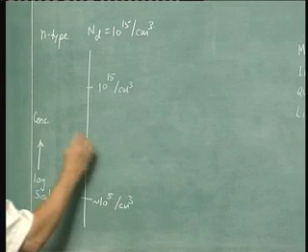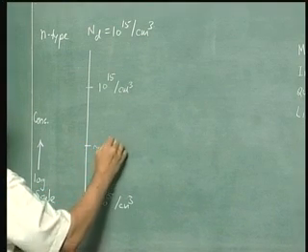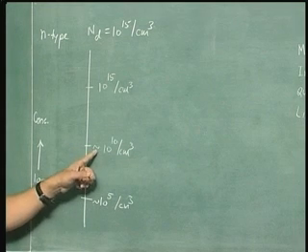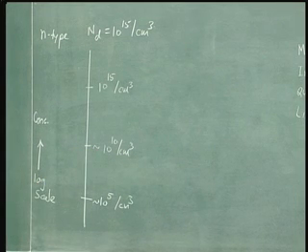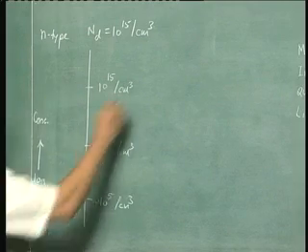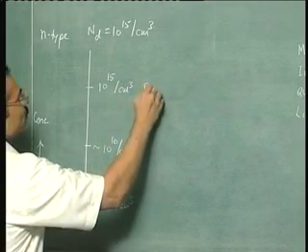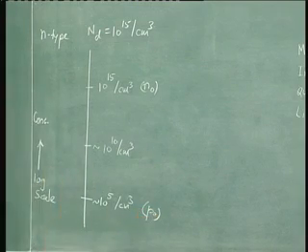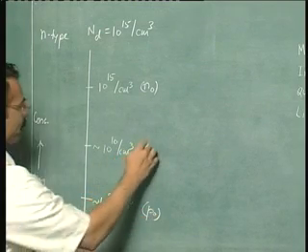So this is of the order of 10 power 10 per centimeter cube. So this is the picture under equilibrium. 10 power 15, this is n naught. 10 power 5, this is p naught, and this is ni.